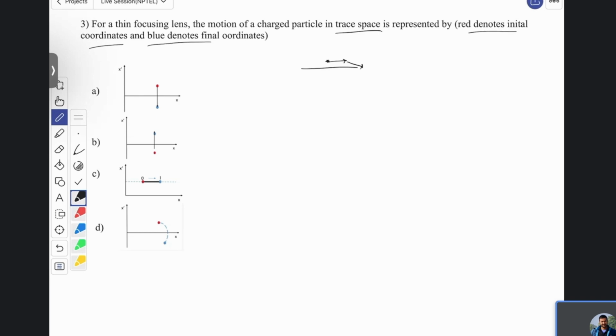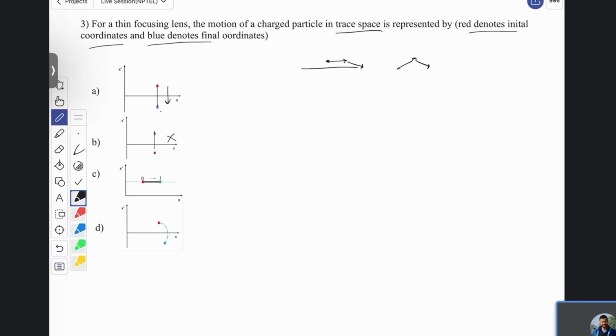Because it's a thin focusing lens, the change in x is negligible. Here you see x prime changes direction from positive to negative, with no change in x. Here the direction is opposite, so it can't be true, because this means that it is diverging.